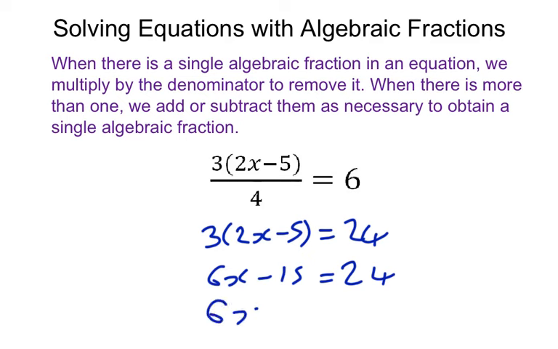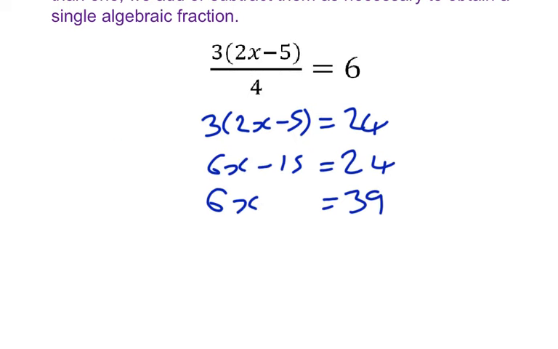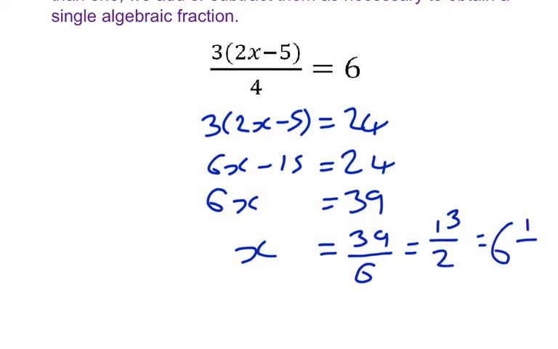Add the 15 and we get 6x equals 39. And finally divide by 6 gives us x equals 39 over 6, which is equal to 13 over 2 or 6.5. So either of these last two would be fine.